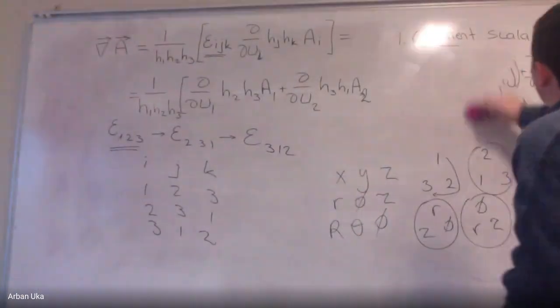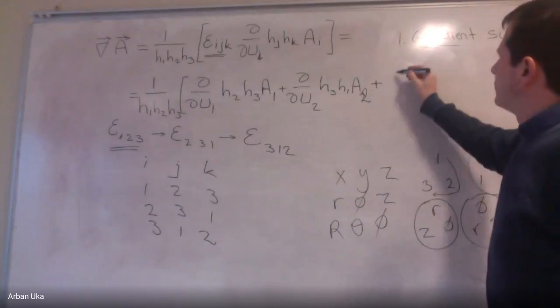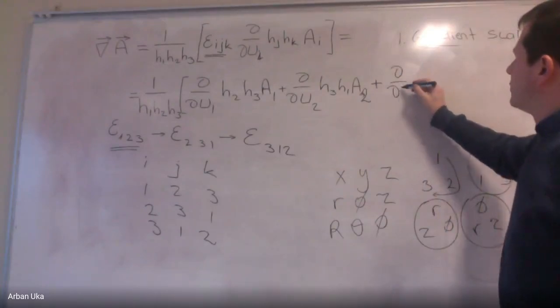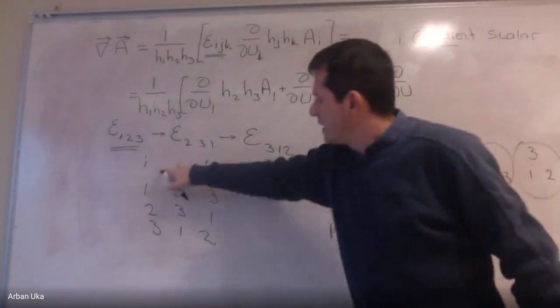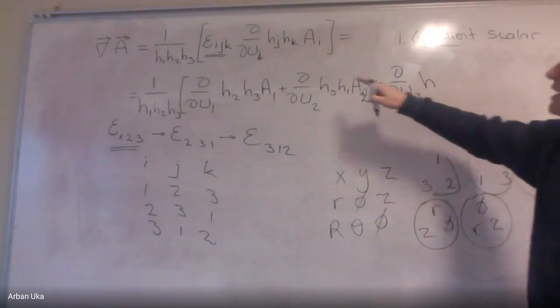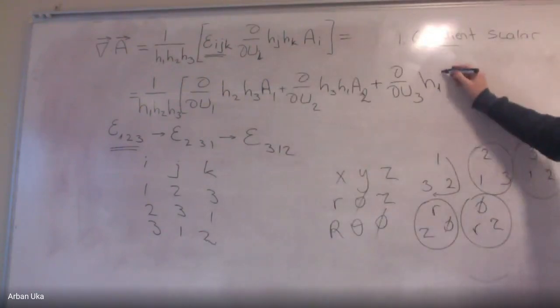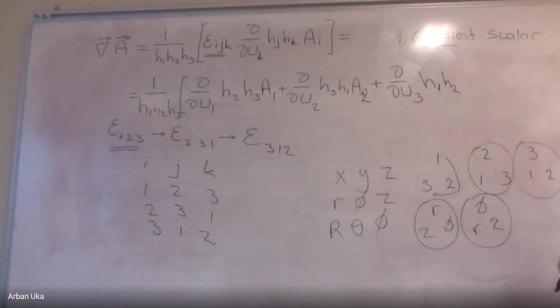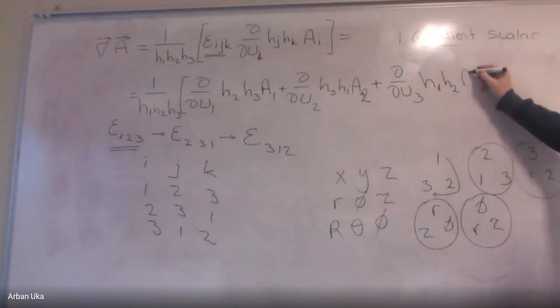Let's write everything down where we work. We have plus the derivative with respect to the third. So here we have i is 3. The jk now stand for 1, 2. So here we have H1, H2. Then the i is 3, A3.